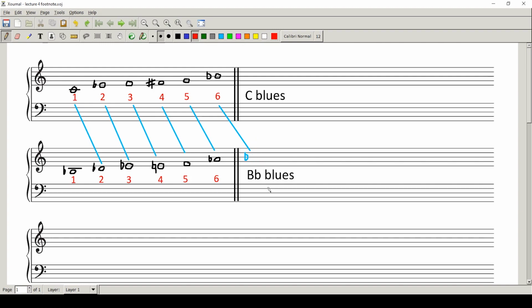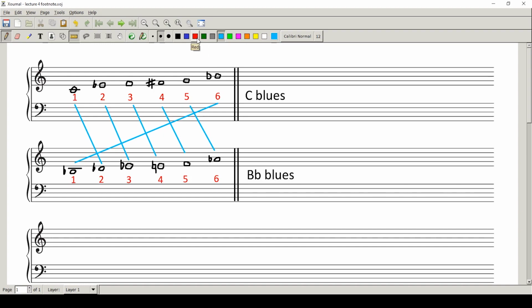Or if I don't want to always write out that possibility, I could say, okay, well, this maps sort of across like this. So that's another possibility that we should consider.